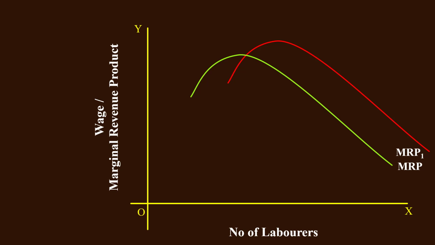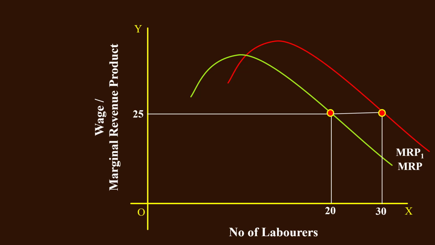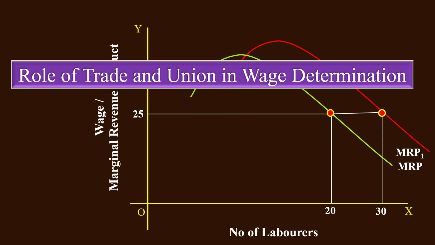For example, if the prevailing wage is 25 rupees, he will employ 30 workers. Note, you are going to use this information when you study the role of trade union in wage determination.